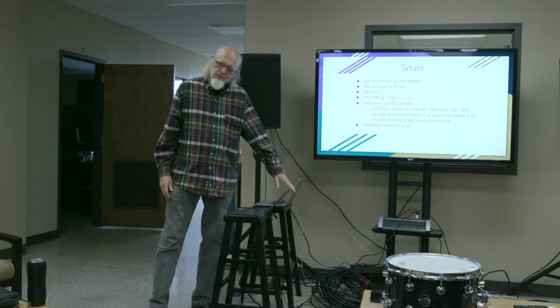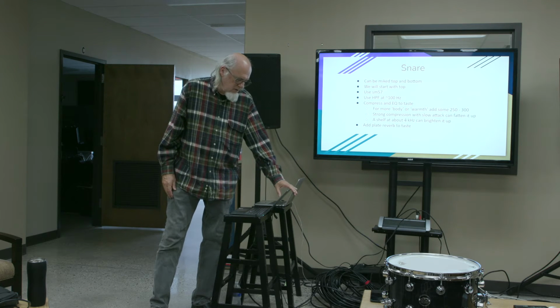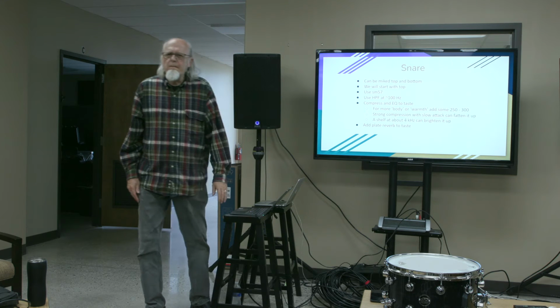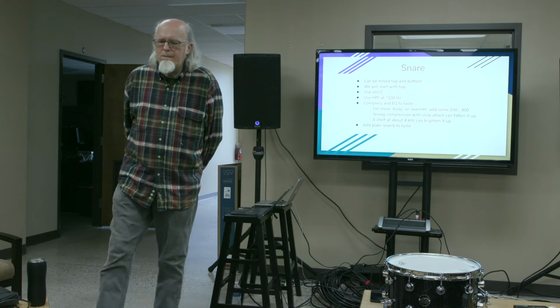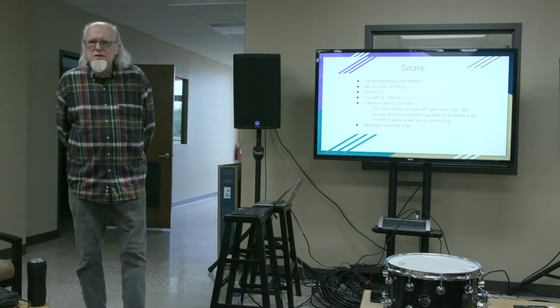Any other snare questions? I think I saw you use the 57 on the front of the cajon too, is that correct? Yes, we're going to talk about cajones in a minute. And are all the effects in a bus, or can you put like a compressor on each of the drums?